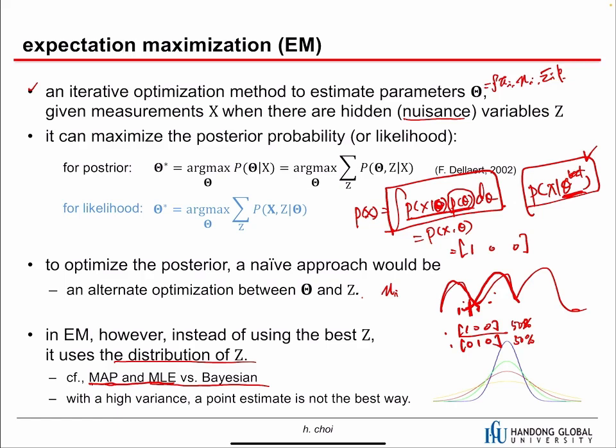So we have to compare this one and that one. In this case theta has a different probability. This is connected to the distribution of z. In this case we use theta, but here we use z, something like that.